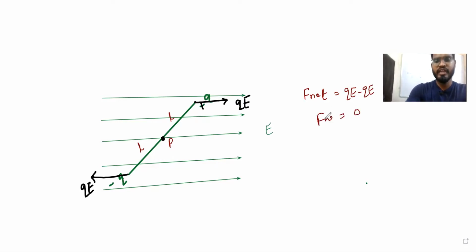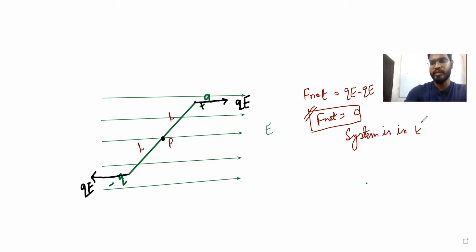Guys, we learned net force 0 means the object will be in equilibrium. The dipole system is in equilibrium. It means translational equilibrium. But there is one more thing here.